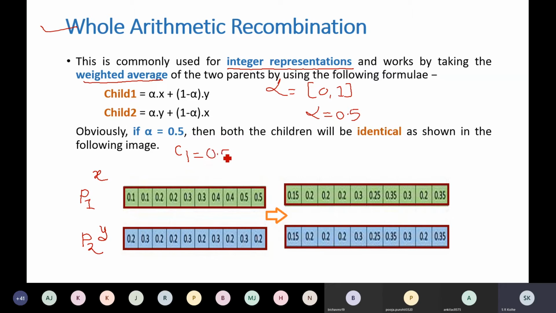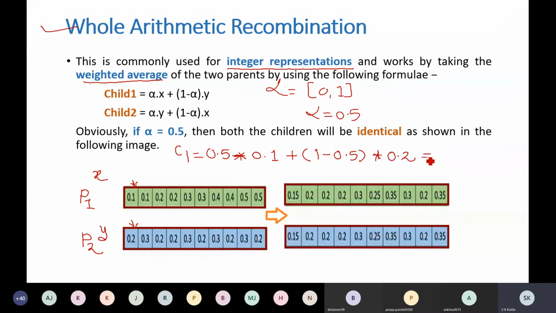Alpha is 0.5 multiplied by x. That means this value, real representation is used here, 0.1, plus 1 minus 0.5, alpha is 0.5, multiplied by y, which is 0.2. Y belongs to the value from the second parent, so it is 0.2.